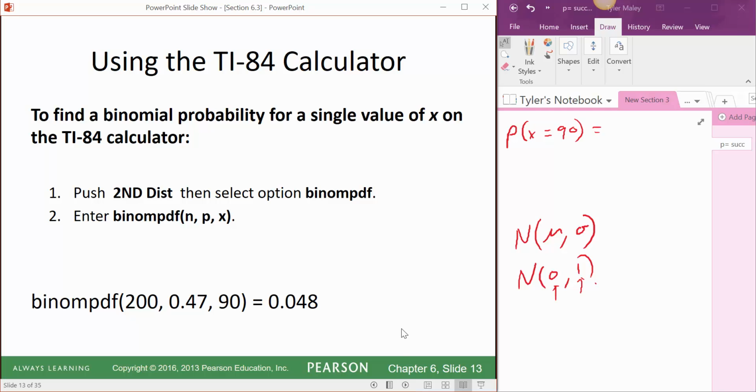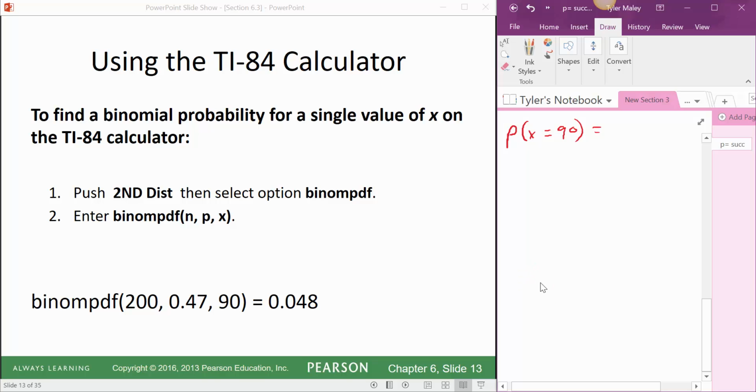So we can do this using the graphing calculator, or I'm also going to show you how to do this using R. Right? So first of all, we're looking at how to find the probability for a single value of x. To do this, we're going to go to 2nd distribution, and in this case, we want the binomial PDF.